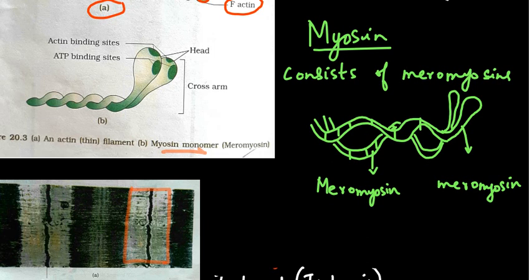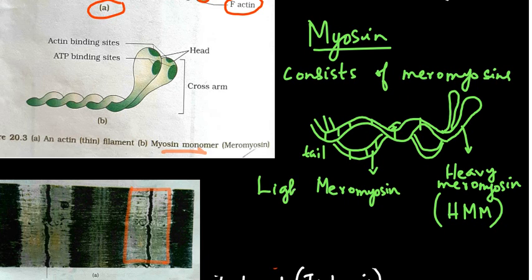One is heavy meromyosin. So the head part is called heavy meromyosin, also written as HMM. And this so-called tail-like area, this looks like tail. So this will be called as light meromyosin or LMM.